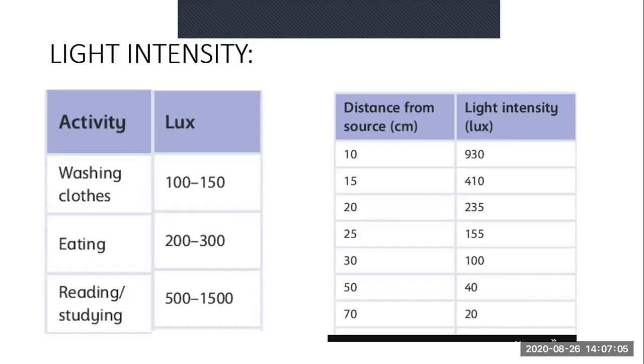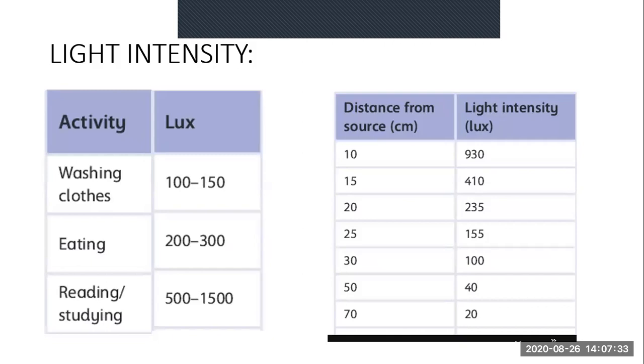During reading or studying, light intensity must be between 500 and 1500. As you see, light intensity must change according to activity. We said light intensity changes according to places. Also, at the same time, it must change according to activity.